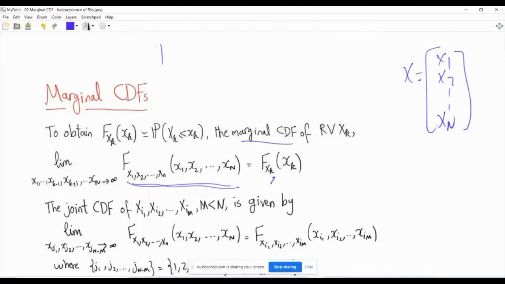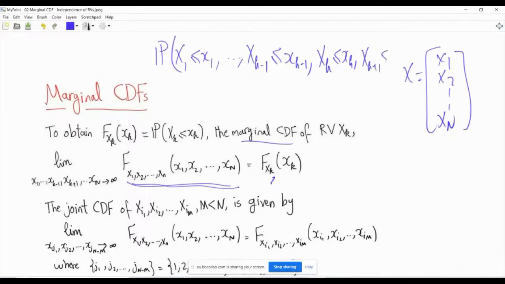Again, it may look mysterious, but if you write the joint CDF as a probability, this is big X1 less than or equal to small x1, and then X(k-1) less than or equal to x(k-1), and then Xk less than or equal to xk, and then X(k+1) less than or equal to x(k+1), and so forth. This is the joint CDF by definition.